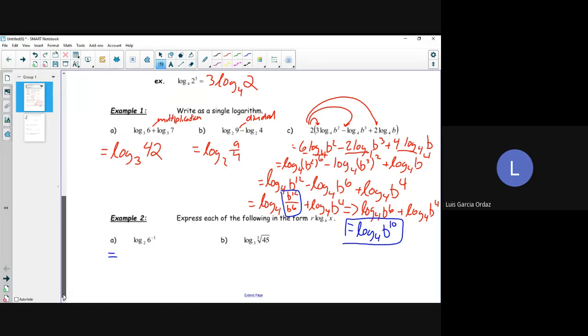So all we're doing here is bringing the exponent as our coefficient. So this one would be negative 1 log base 2 of 6.